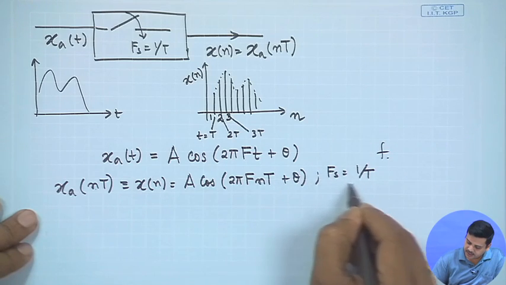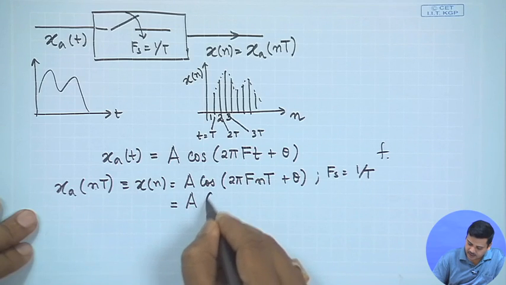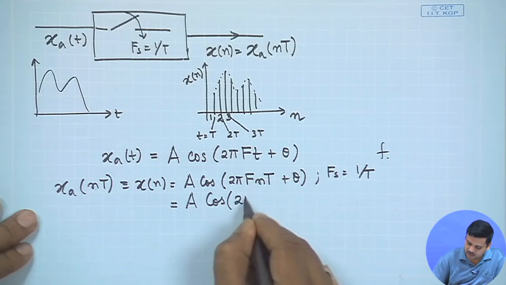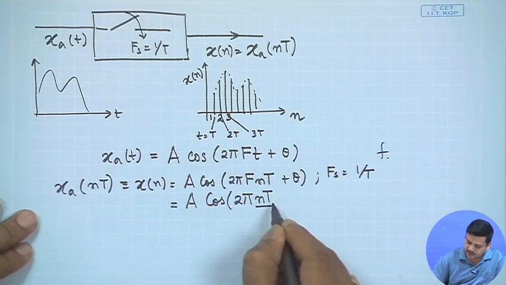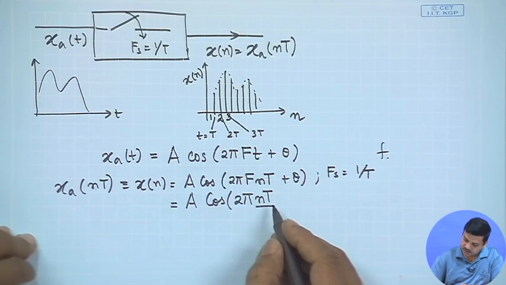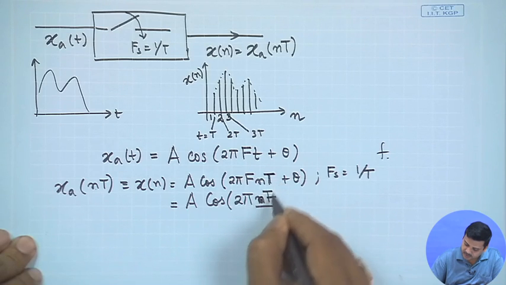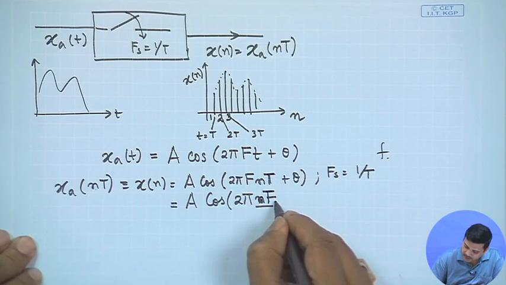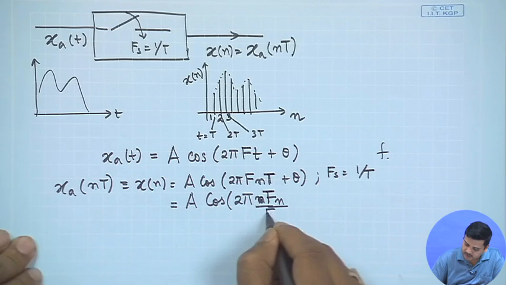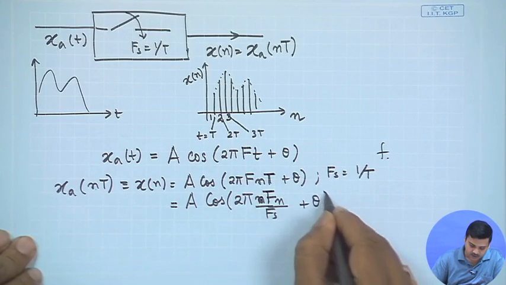Now, since f s is equal to 1 by t, this you get as a cos 2 pi, we will replace t by n upon f s, so f by f s is the ratio that we have.